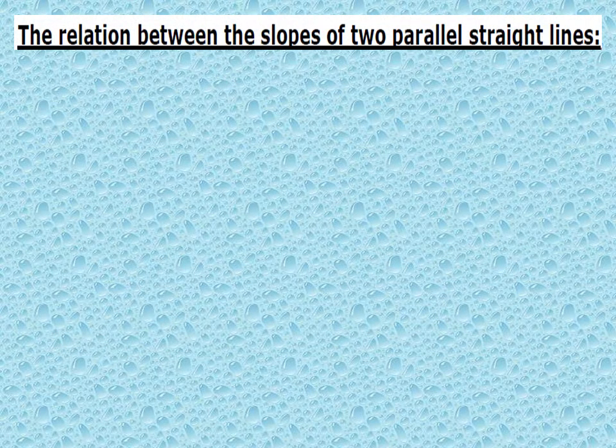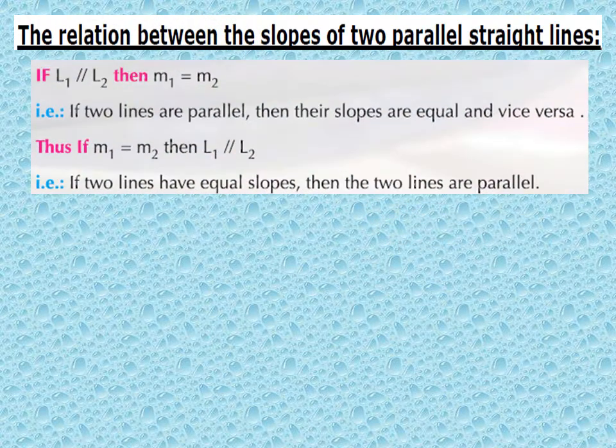The relation between the slopes of two parallel straight lines. If we have two straight lines L1 and L2, if L1 is parallel to L2, then M1 equals M2.